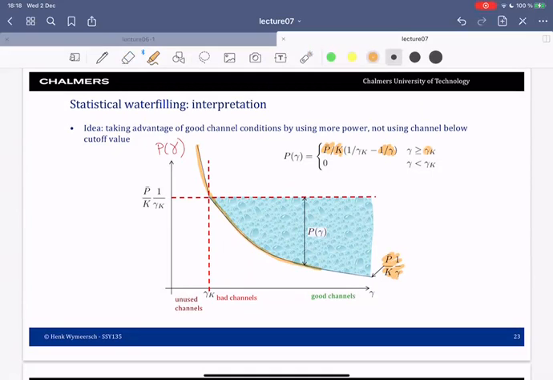There's a certain cutoff value gamma k here, and then if I evaluate this function, I get this value on the left side. I evaluate this function at gamma equal to gamma k, then I get this value here. I draw a horizontal line.